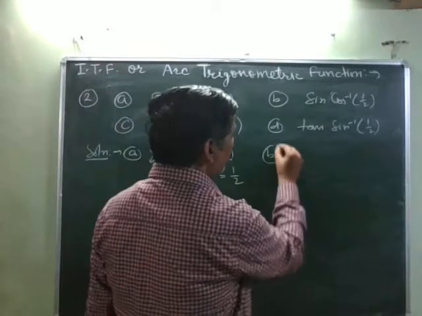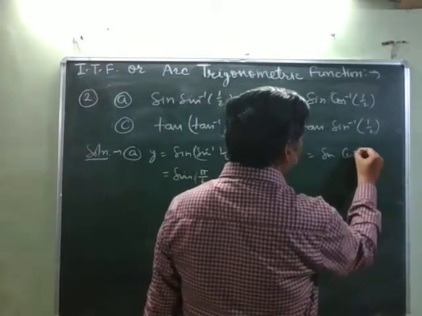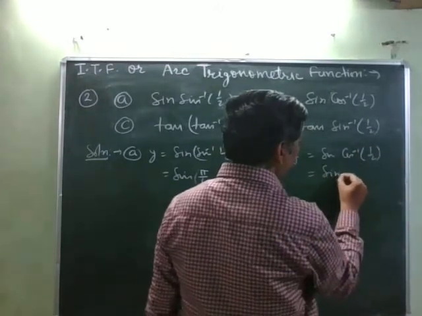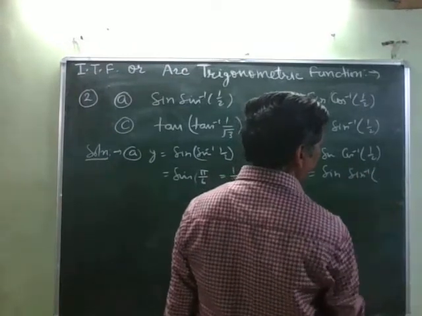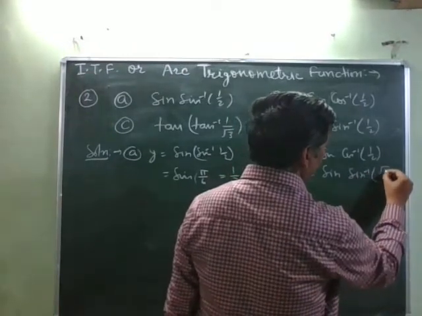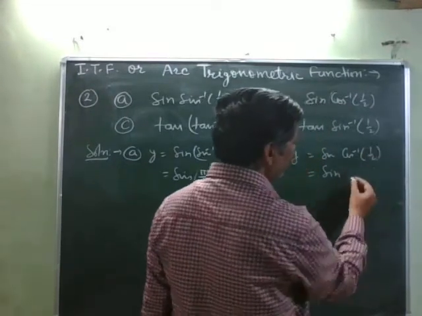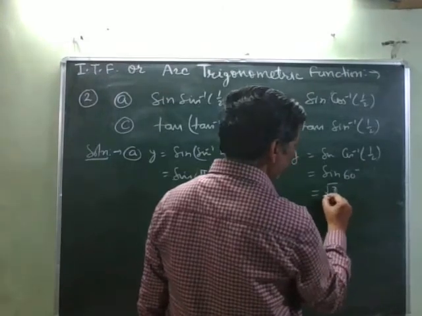Part B, y is equal to sine cos inverse 1 by 2 is equal to sine inverse root 3 by 2, or cos inverse 1 by 2 can be written as 60 degree is equal to root 3 by 2.